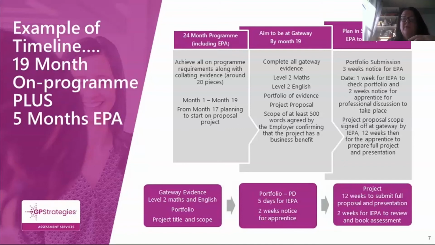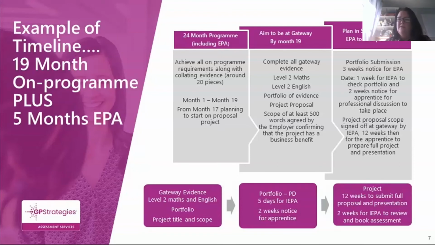Okay, so the portfolio submission, so we have 3 weeks notice for the endpoint assessment, and that is because there's 1 week for the independent assessor to actually check the portfolio, plan that professional discussion around the evidence that's submitted, and then we have to give the apprentice 2 weeks notice for that professional discussion to then be booked and take place.